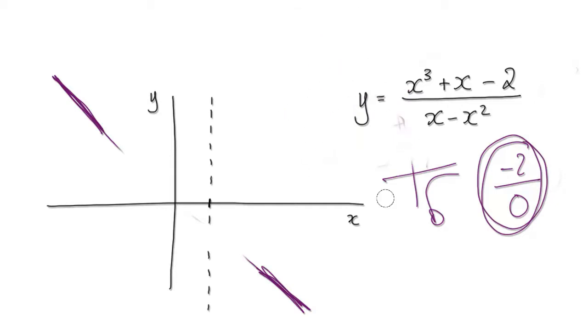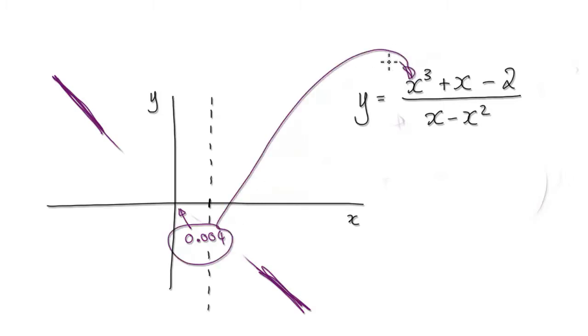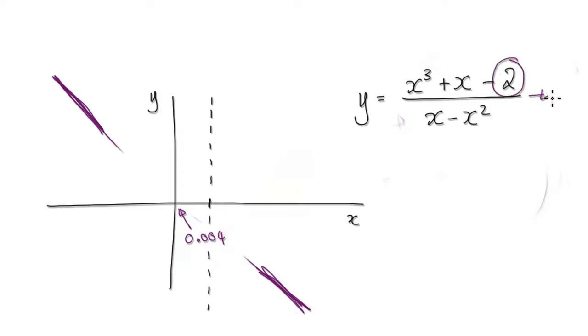We have a hunch just by looking at this, but let's investigate more in detail. So let's select a point just to the right of 0, a really small number, something like this. When you put this into here and into here and into here, it's going to be approximately, well, this is going to dominate, so approximately -2.